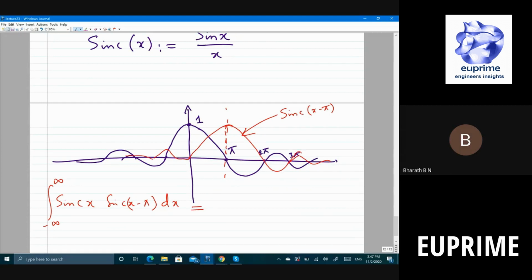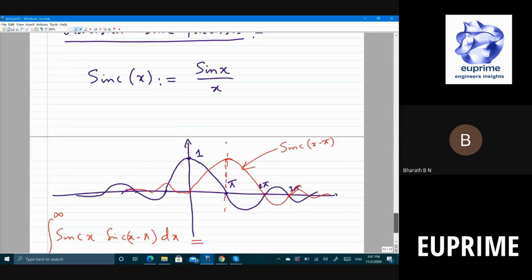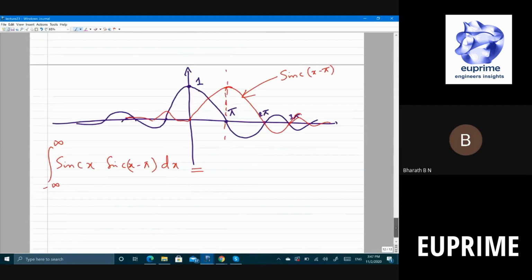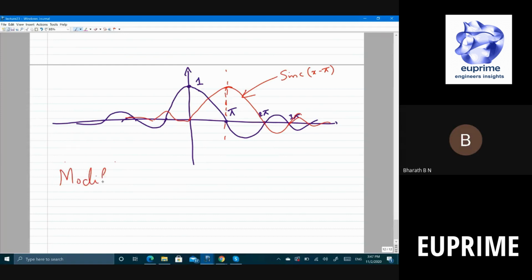Okay, I'll modify this a little bit, just to follow the notation in the book. So this is the modification for the sinc function.